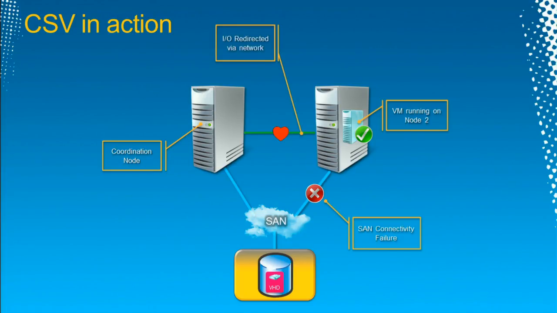So what's going to happen is we're going to start redirecting I/O, anything that needs to get written to that drive, over the network to the other node that actually has it. So it'll look like this. So now instead of going straight down, it's having to go around. Now, performance can get impacted on that VM because we're no longer directly writing to the local VHD. We're having to go over the network. Okay? So there may be a little performance impact to it.